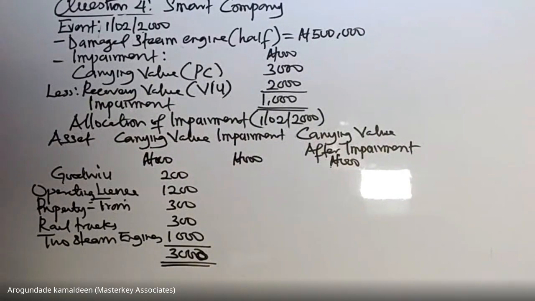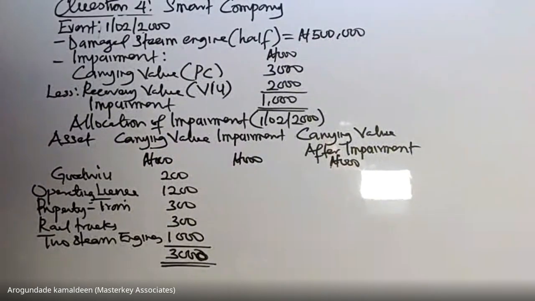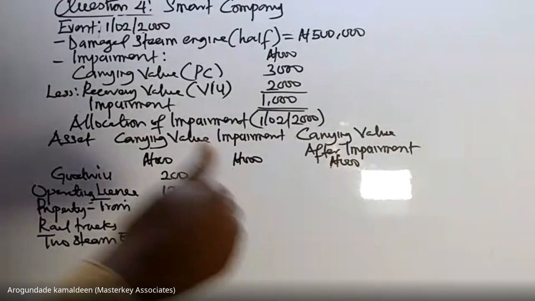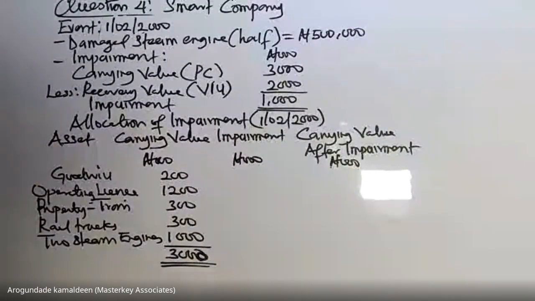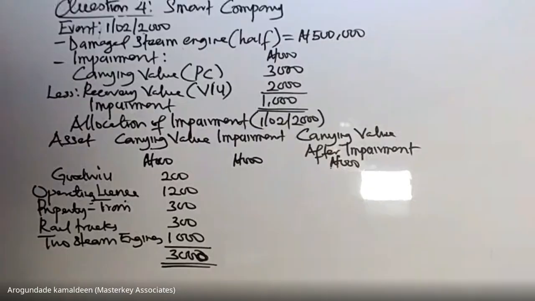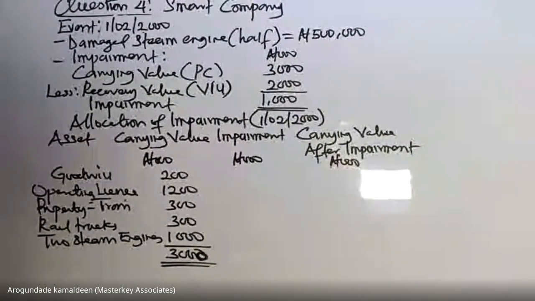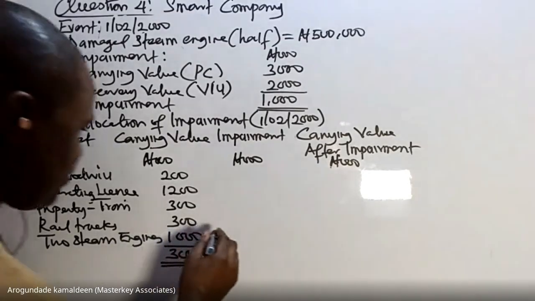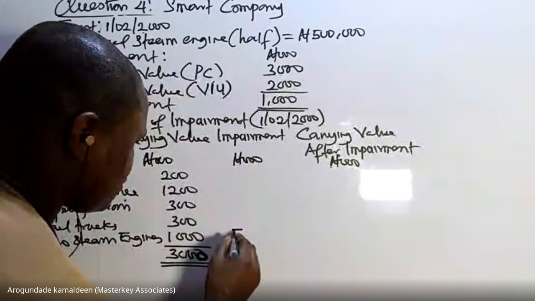The total value of the impairment is 1 million, and we have a damaged asset here whose value is 500,000. So we should first of all allocate 500,000 to the damaged asset.